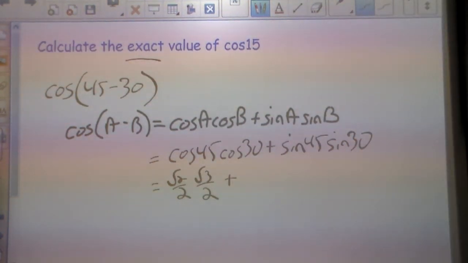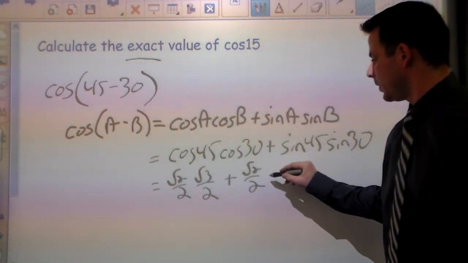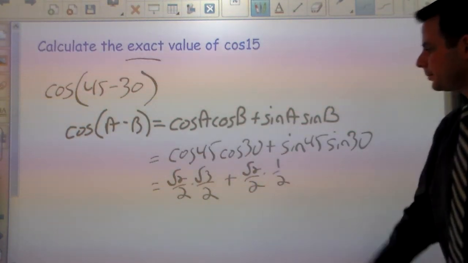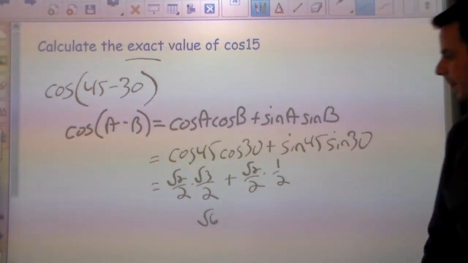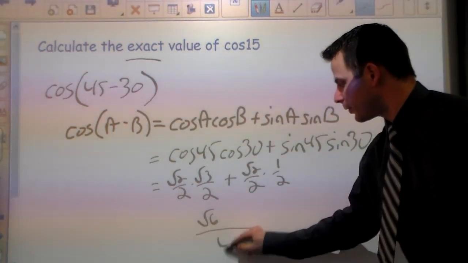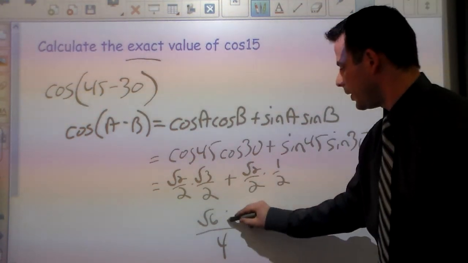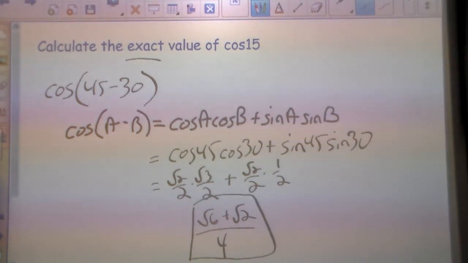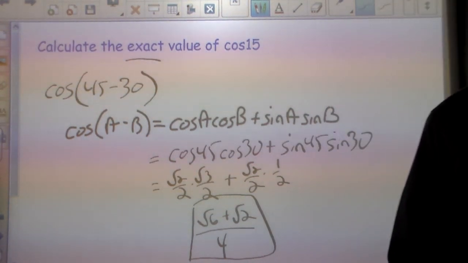Plus, the sine of 45 is also radical 2 over 2 times the sine of 30 is a half. So radical 3 times radical 2 is radical 6. They're both going to have the denominator 4, so I'm just going to combine the fractions right away. And then radical 2 times radical 1 is radical 2. So the exact value of the cosine of 15 is radical 6 plus radical 2 over 4. And that's how you apply sum and difference identities.